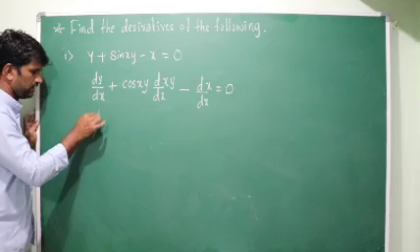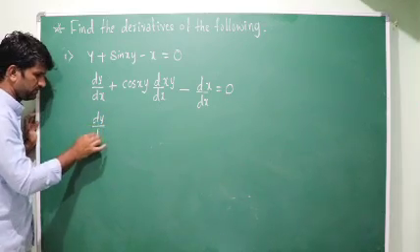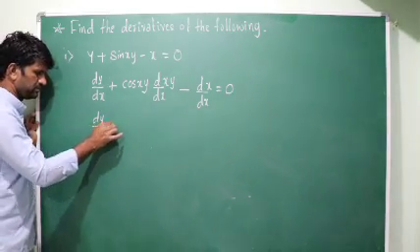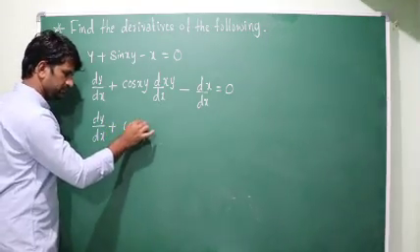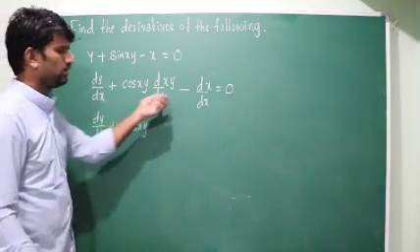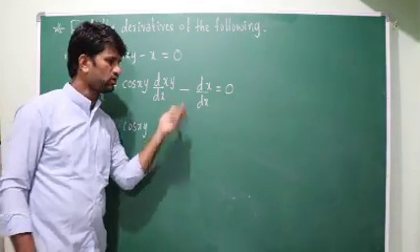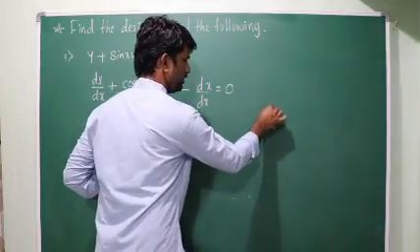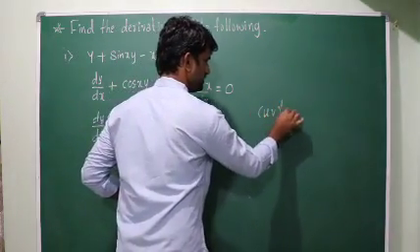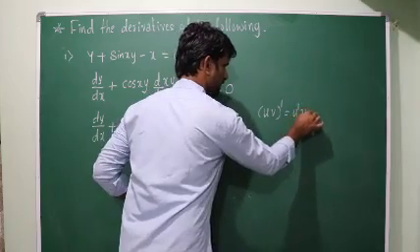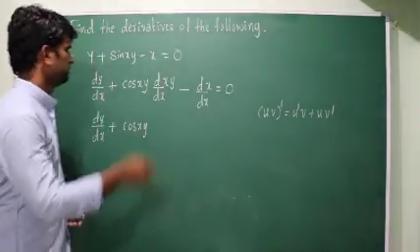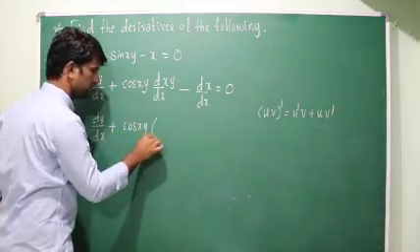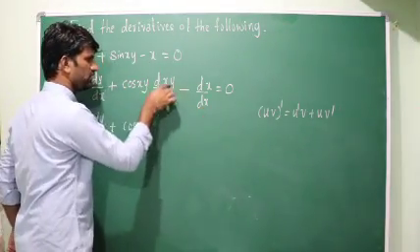Okay, dy by dx plus cos xy as it is. Now it is a product rule. We know that (uv)' is equal to u'v plus uv'. By using that, we are going to solve this. Okay, first u' means differentiation of first function.